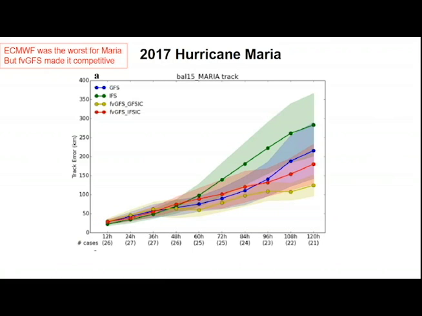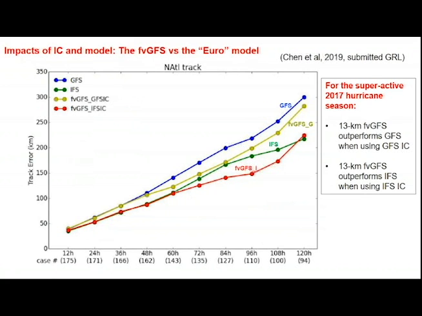Certainly for this case, there's something wrong with their initial condition, but it's not everything. Their model has some problem as well. So the conclusion is, for these two cases, we avoid their bust, and we make their best case even better. And what happened with the whole season statistics?